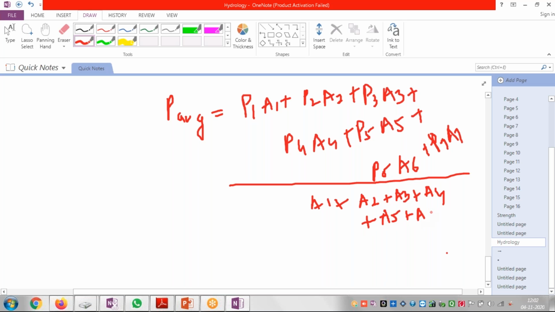So when I divide it, I will get the P average using the Thiessen polygon.